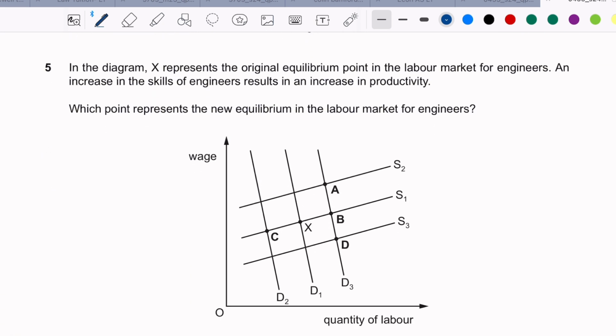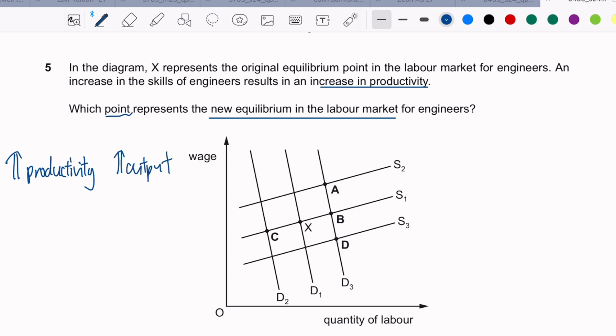In the diagram, X represents the original equilibrium point in the labor market for engineers. An increase in the skills of engineers results in an increase in productivity. Which point represents the new equilibrium in the labor market for engineers? So there is an increase in productivity, which means there's an increase in output.